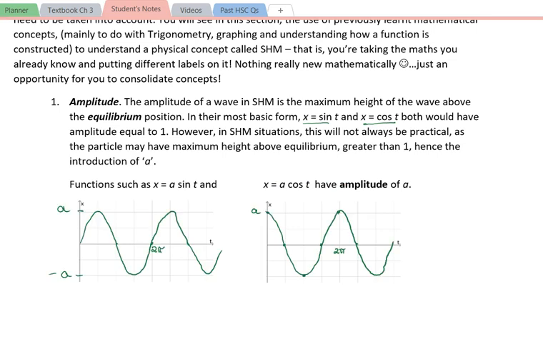I've just drawn the graphs there of x equals a sine t, and you can see that if the particle starts at equilibrium, then it makes sense to start your graph there. Whereas if the particle was starting at its maximum amplitude, then it might be more convenient to refer to its displacement as a cos graph.